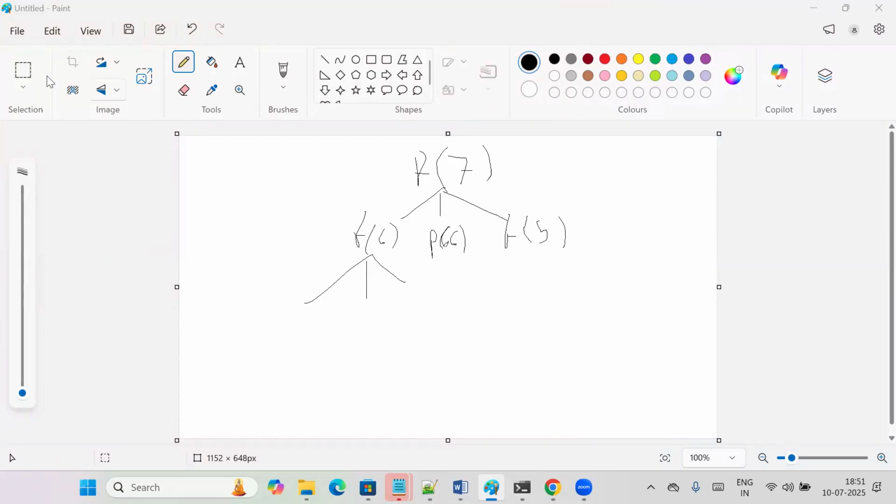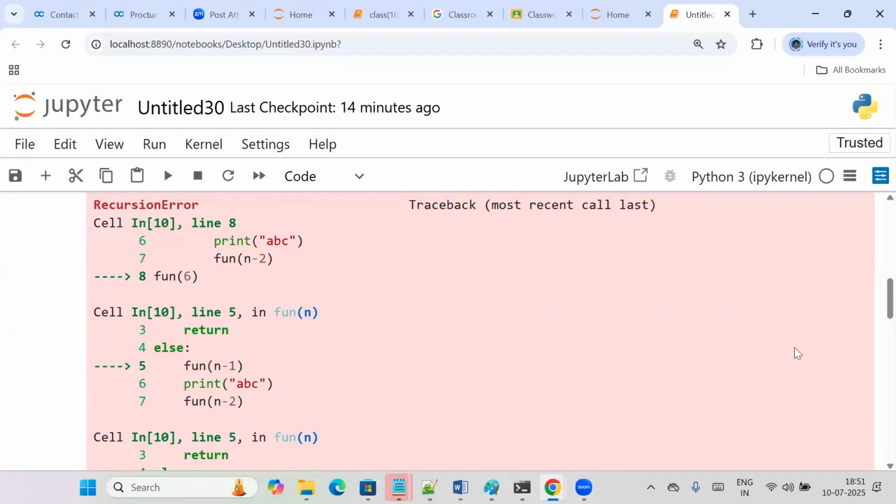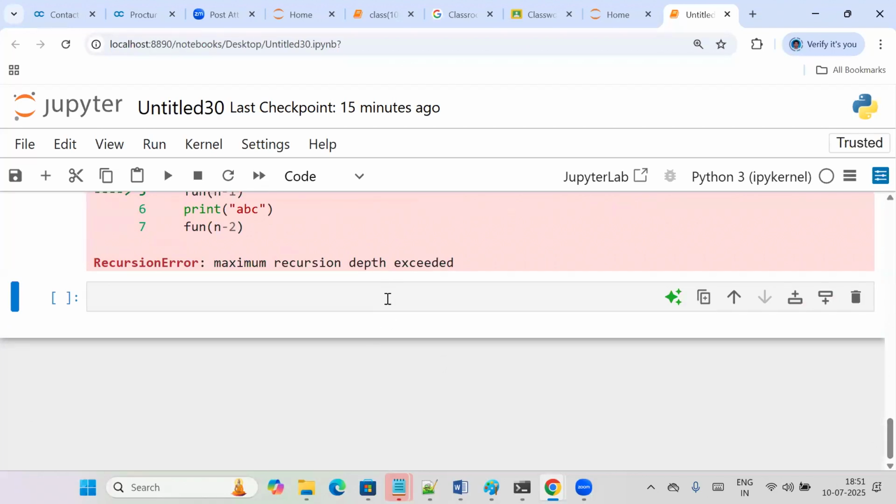See guys, you try this one. Good question, right? Trace it guys. I will tell you the output.